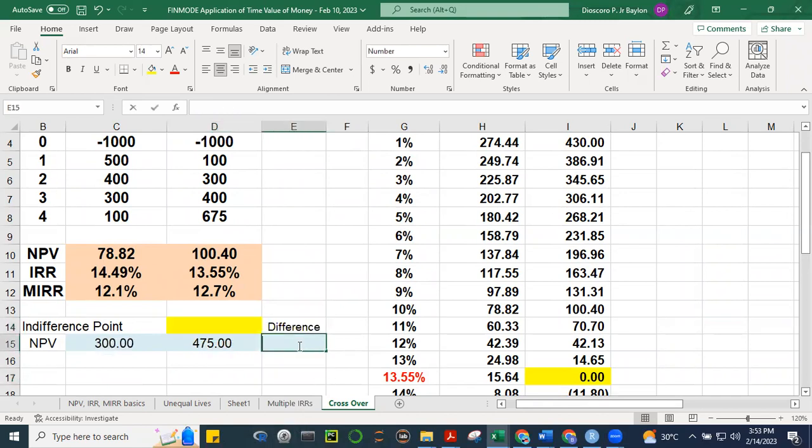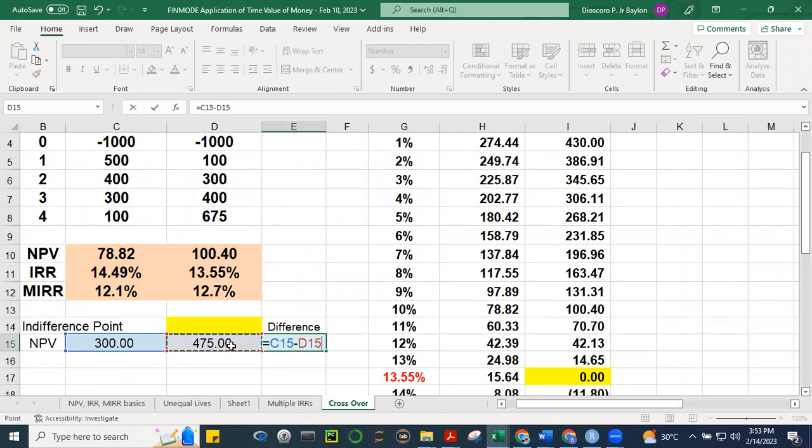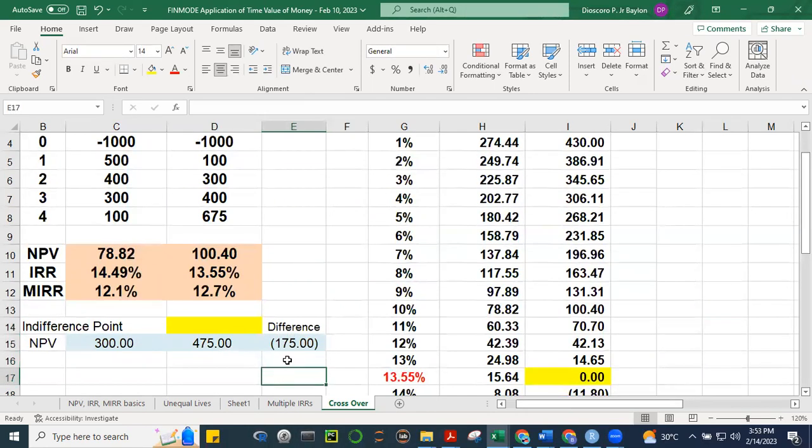We get the difference between the two: NPV of S minus NPV of L. So dapat yung NPV ni S minus NPV ni L should be how much, class, for this one to be an indifference point?